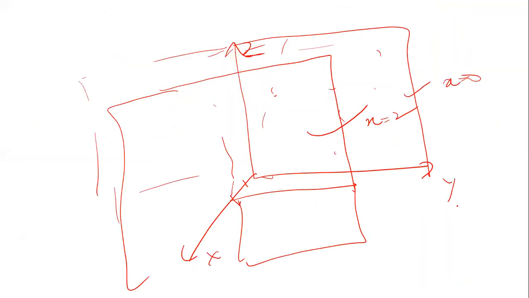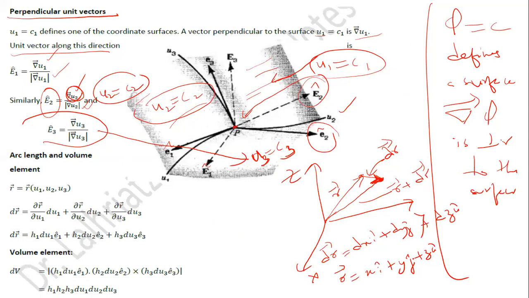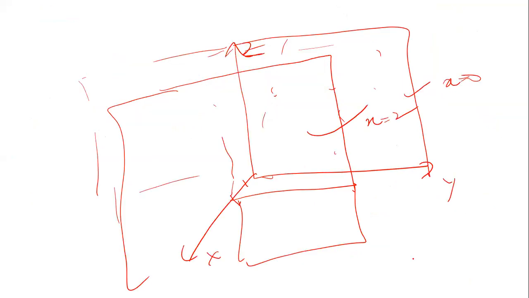Which you can also obtain it. You know that the position vector here in this case is a function of x, y, z. So the position vector r vector is x i plus y j plus z k. So you can see that r is a function of x, y, and z.